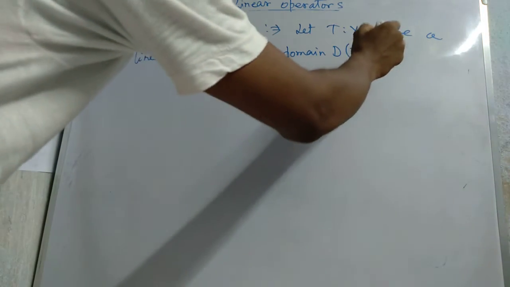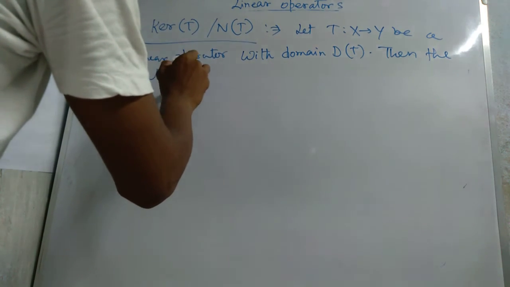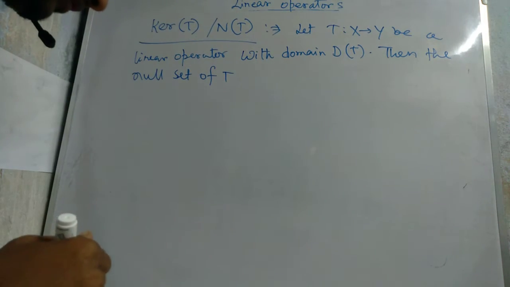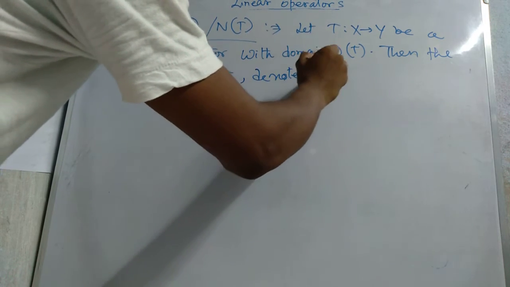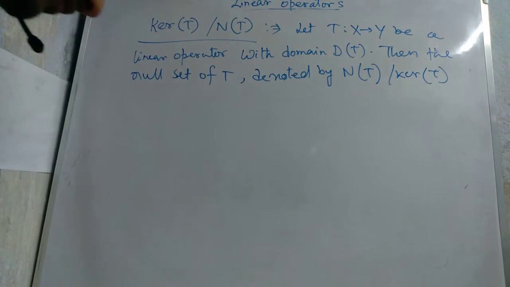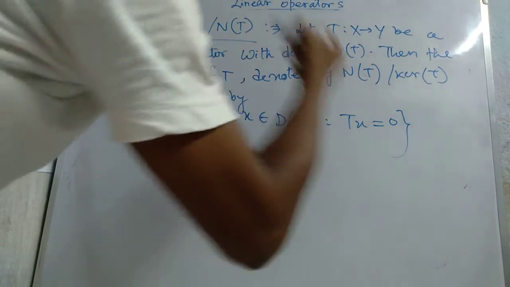Then the null set of T, denoted by N(T) or ker T, is defined by N(T) equal to the set of x belonging to D(T) such that Tx equal to 0.